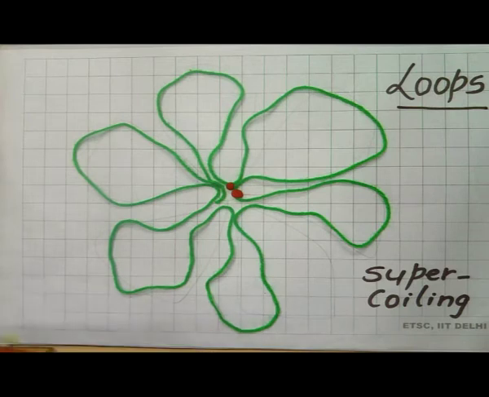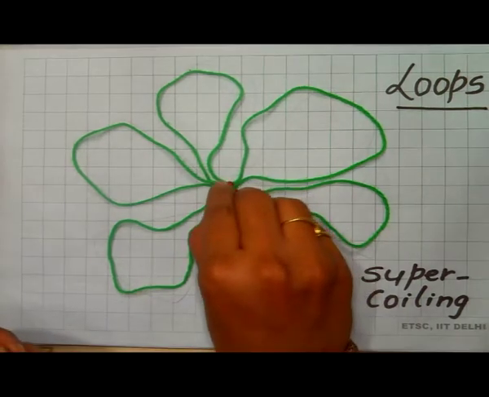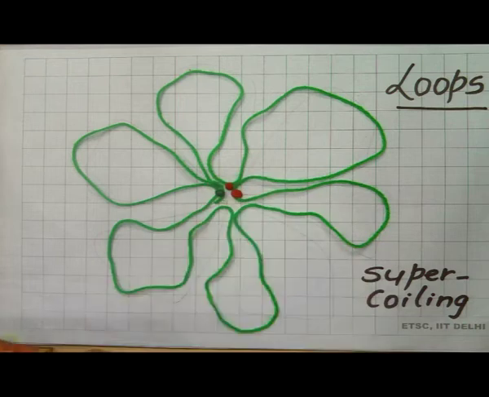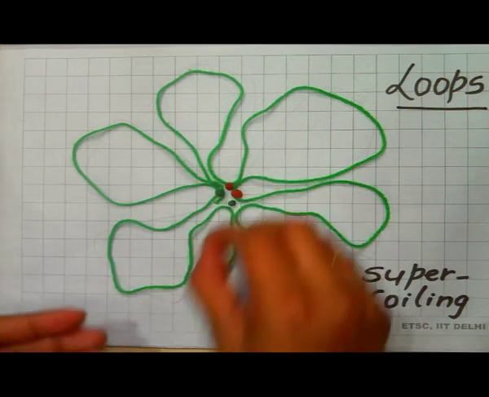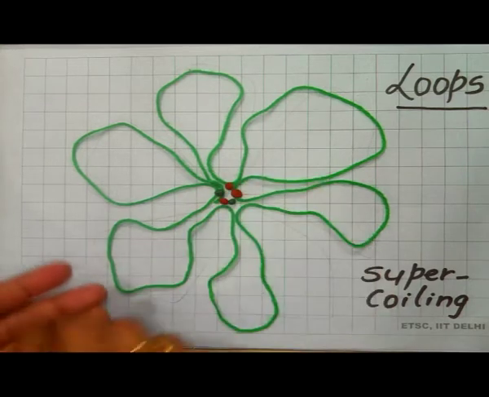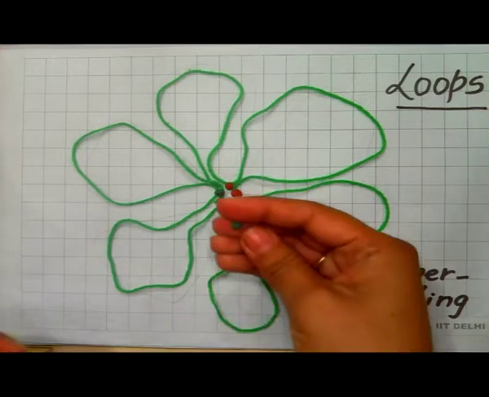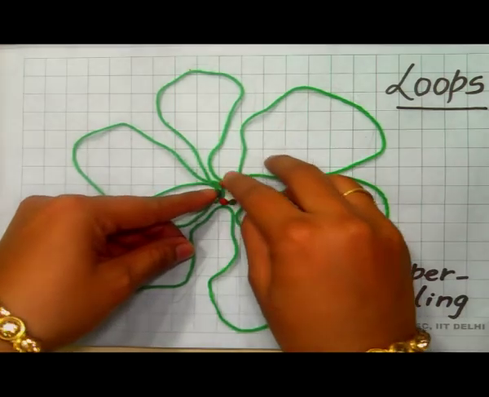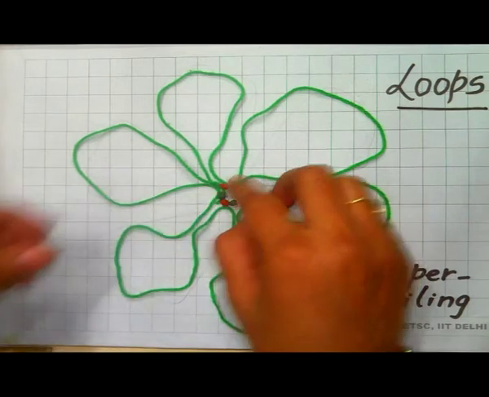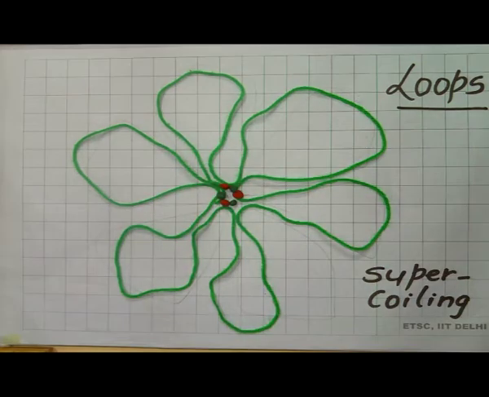These proteins help the bacterial genome to form the loops, and all these proteins are present in the center of this particular structure, which is called the nucleoid. This structure formed by the bacterial genome with the help of proteins is called the nucleoid.